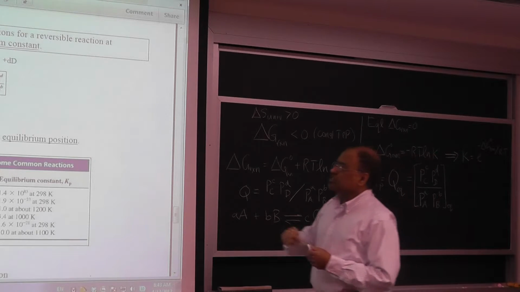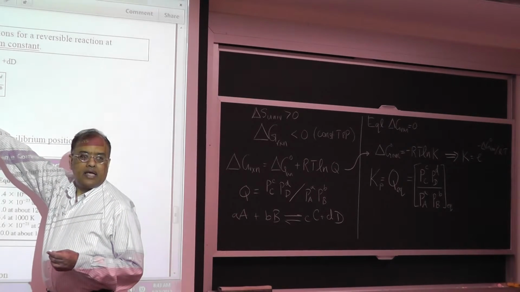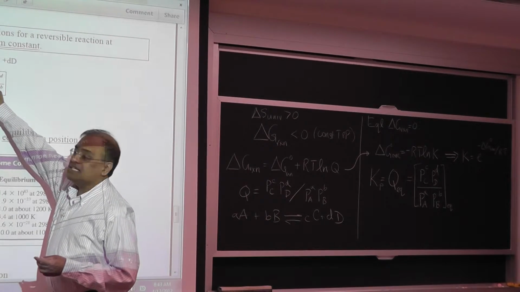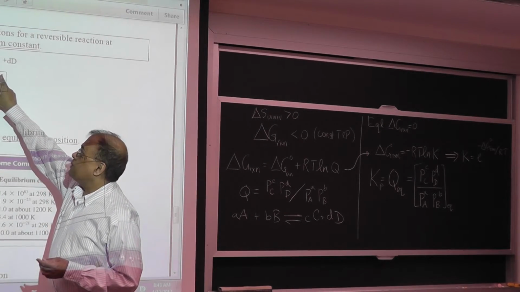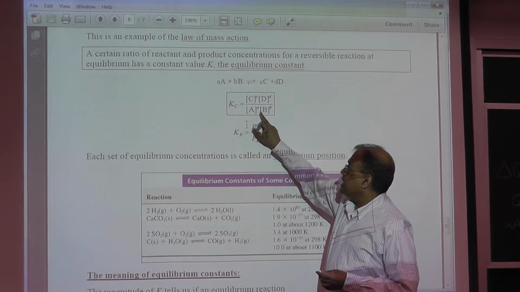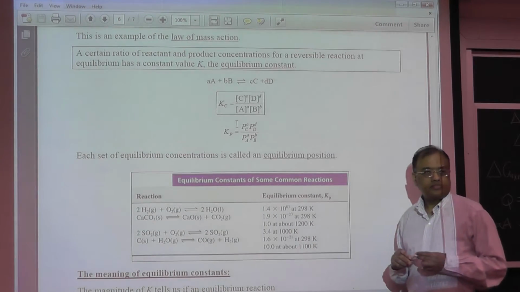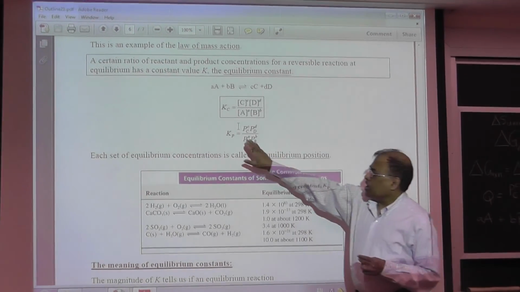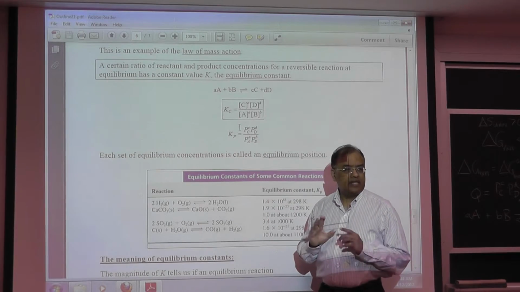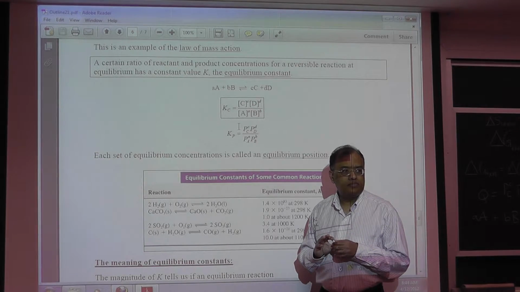Equilibrium constants can also be written in terms of concentrations, in which case it will be the concentration of C to the power C, concentration of D to the power D, divided by the concentration of A to the power A, concentration of B to the power B. We will talk about the relationship between K sub P and K sub C in the next lecture. They are related, but they're not the same.